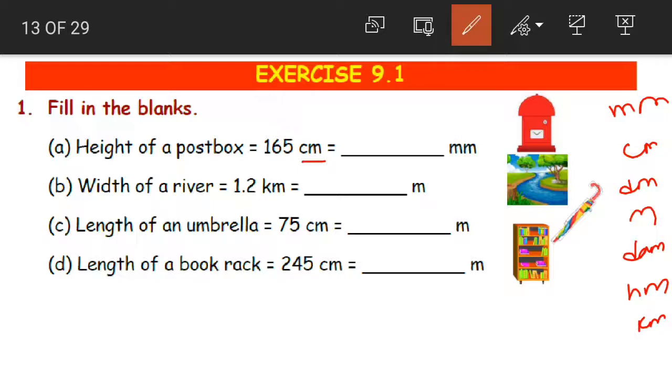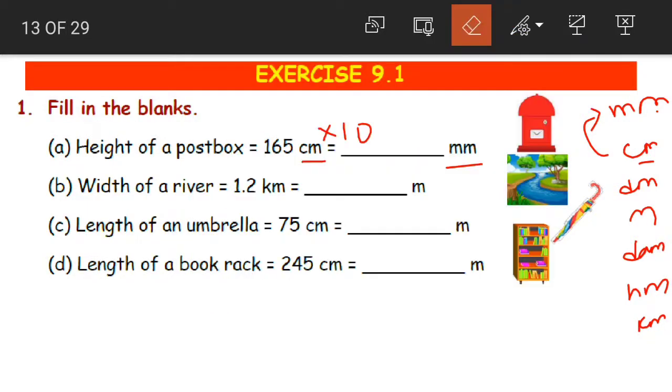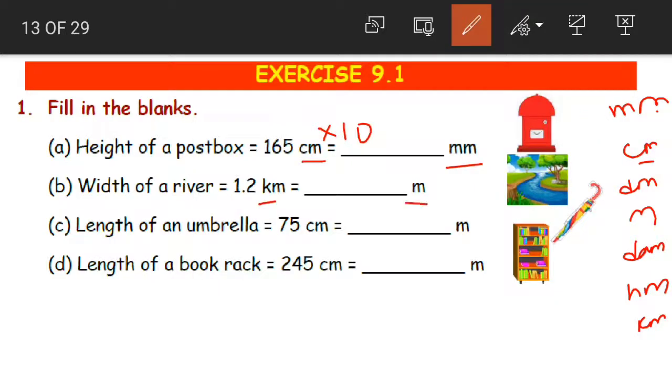Now the first one, centimeters converted into millimeters. Higher unit converted into lower unit. Only one jump is required. So multiply by 10. Yes, we are converting higher into lower. Now next one. Kilometers into meters. So 1, 2, 3. 3 jumps are required.